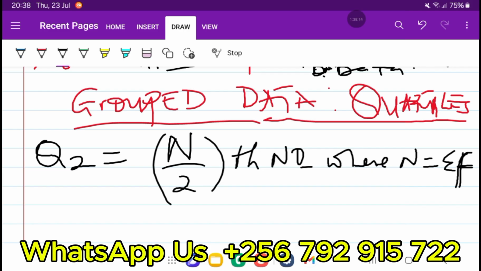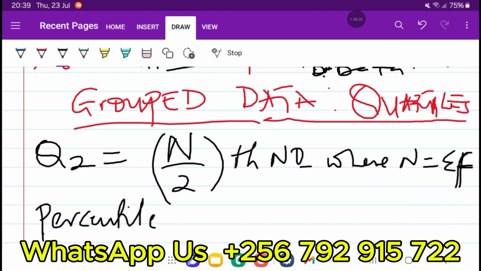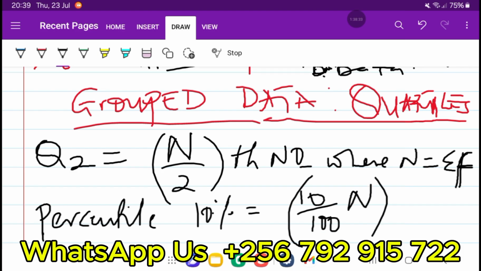If it is percentile, maybe we are looking at the 10th, we are looking at 10%, it will be 10 out of 100 times n, and this n is our frequency, and this gives you the nth number.